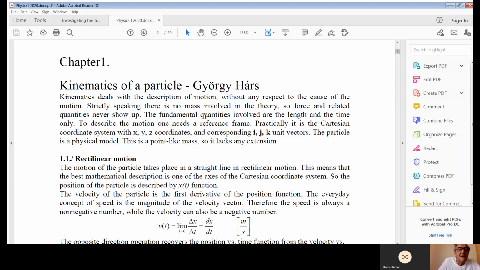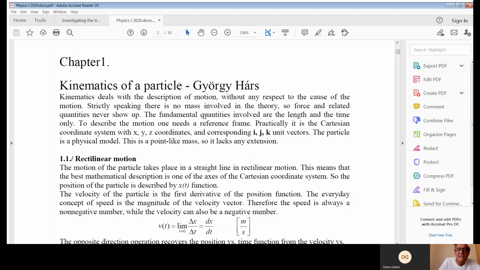Kinematics is just the description of motion without any respect to the cause of the motion. So in here, we are not talking about any mass, any forces. This will follow later. In here, we have just quantities: the coordinates, the ijk coordinates in the Cartesian system, and the time.